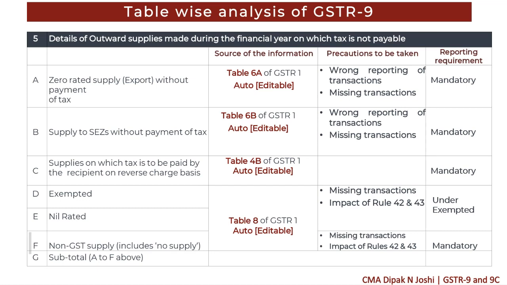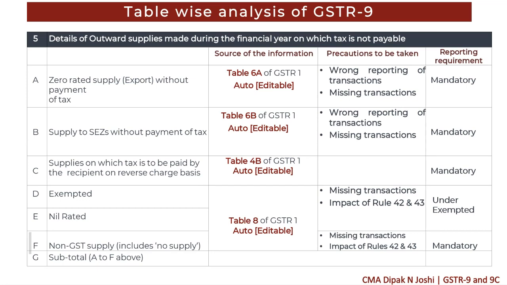Now in table 4C, we have already seen zero rated supply with payment of tax. In table 5A, a registered person is required to report information of zero rated supply without payment of tax. And again, the source will remain the same, table 6A of GSTR 9 or GSTR 1, and the field will be auto-populated.